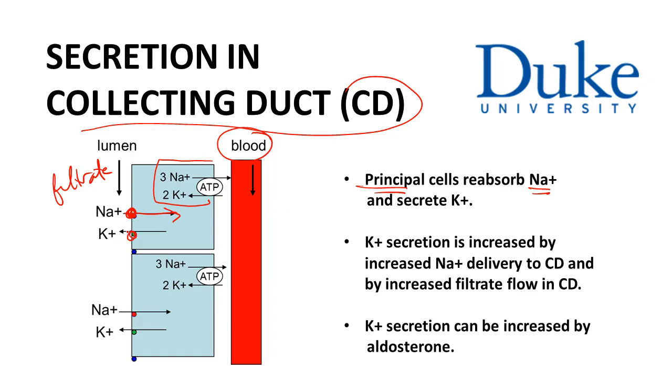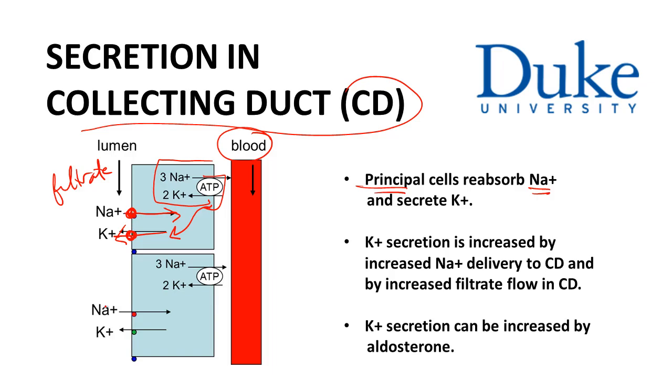The potassium is moving in the opposite direction, entering into the filtrate, and it is doing so also down its concentration gradient. As the sodium is extruded by the sodium-potassium ATPase, we're moving two potassiums into the cell. So we're increasing the gradient for potassium on the inside of the cell, and we can then have the potassium diffuse through this channel out into the lumen.